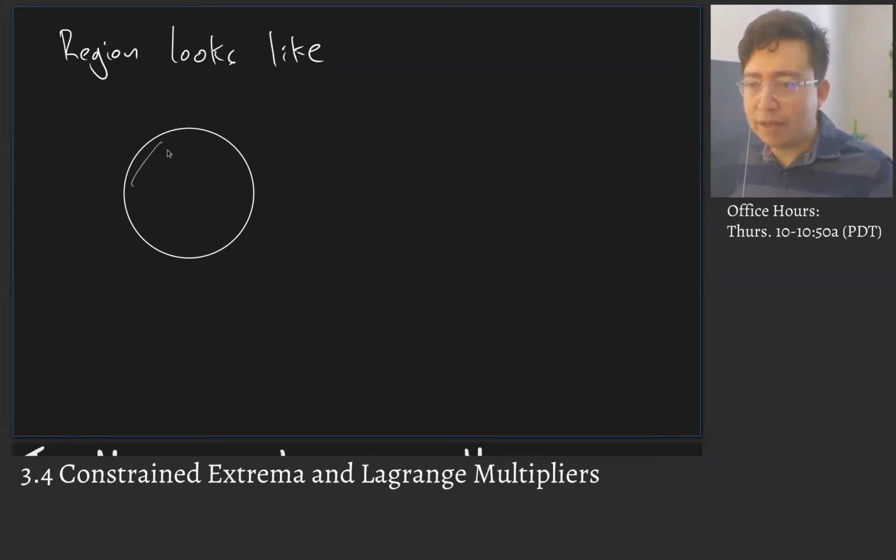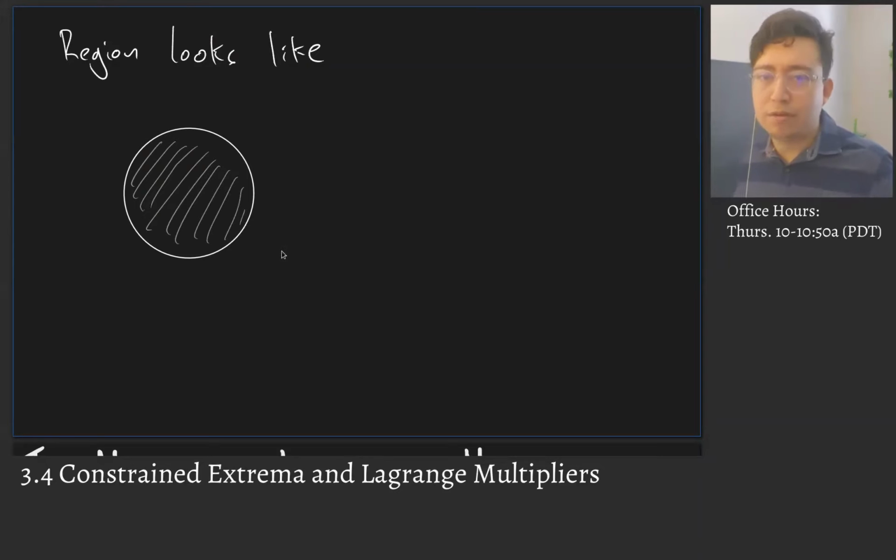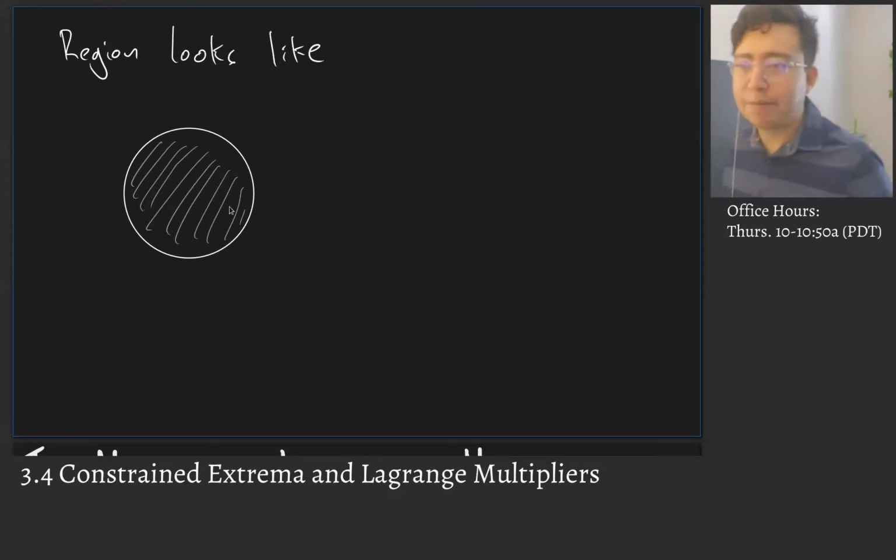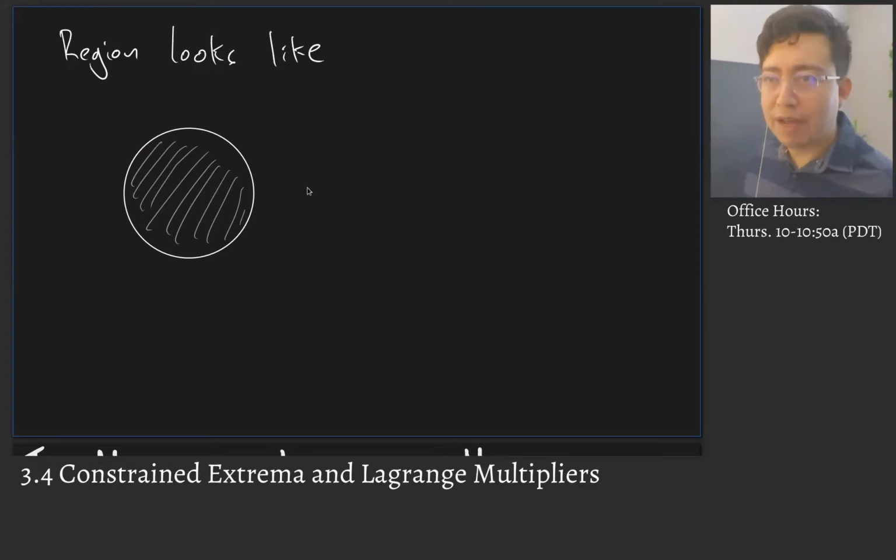We know how to write the equation for a circle. So this is just an example. The shape might be different. We have a nice equation for this.